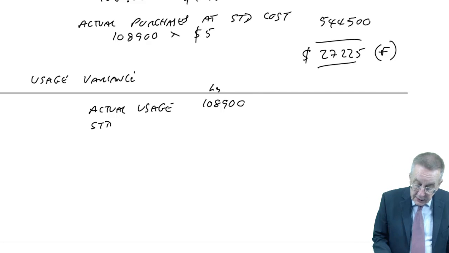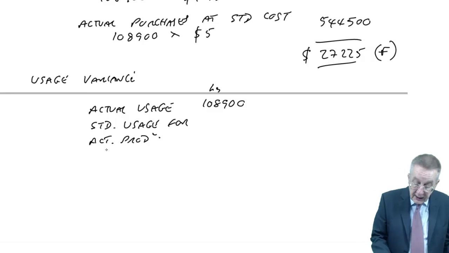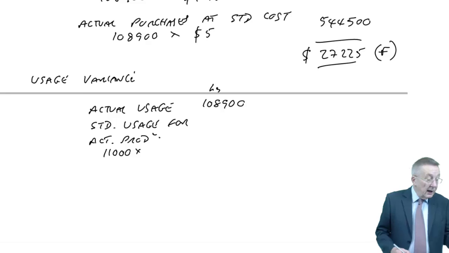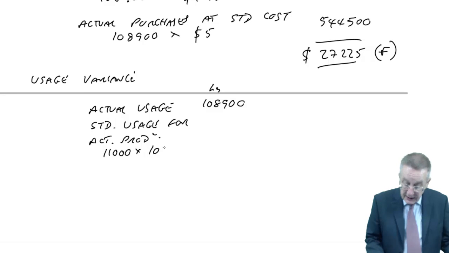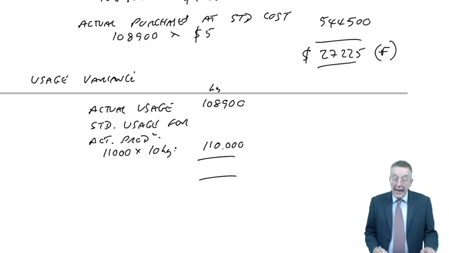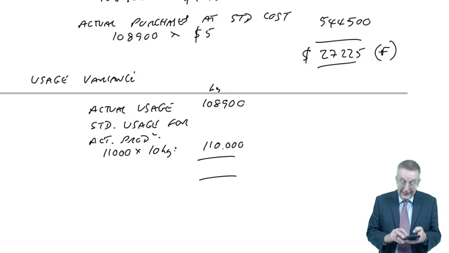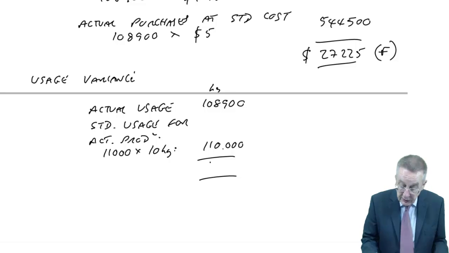We compare with the standard usage for the actual production. So we produced 11,000 units. From the original cost card, it should have been 10 kilos a unit. So we should have used 110,000. We used less, and the variance in kilos is 1,100.